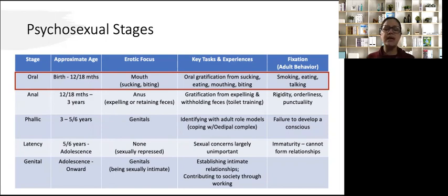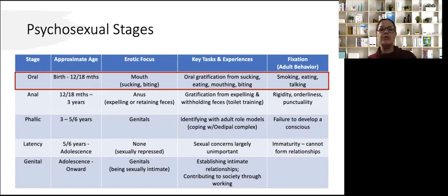Okay. And when we're discussing these sexual stages, think more about experiencing pleasure in a broader sense, like what brings pleasure rather than the act of sex. The sexual lust specifically, that's not what we're talking about until we get to the final stage. So even though they're called psychosexual stages, we're more just talking about pleasure in general. Okay.